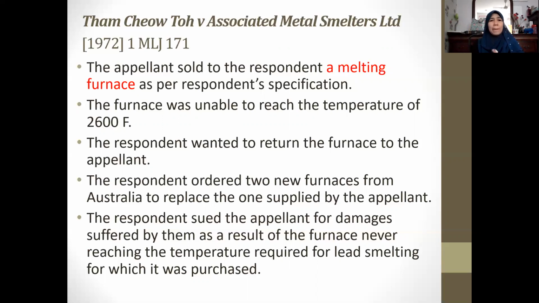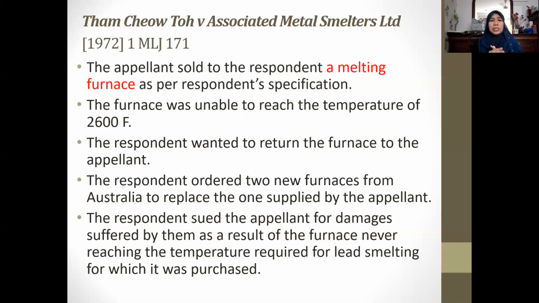Because of that, the respondent, the purchaser, wanted to return the furnace to the appellant. Since they could not use the furnace that they had ordered, they ordered two new furnaces from Australia to replace the one supplied by the appellant.